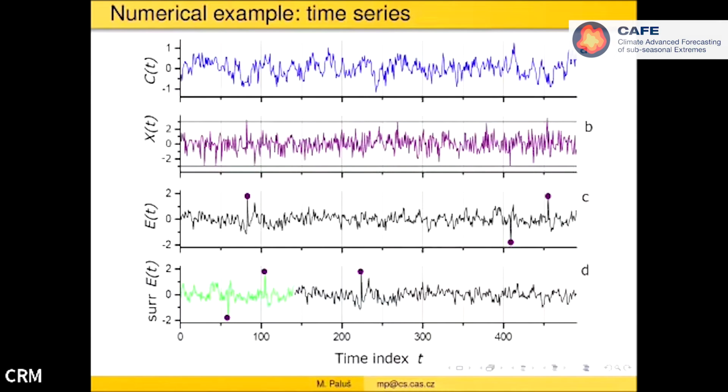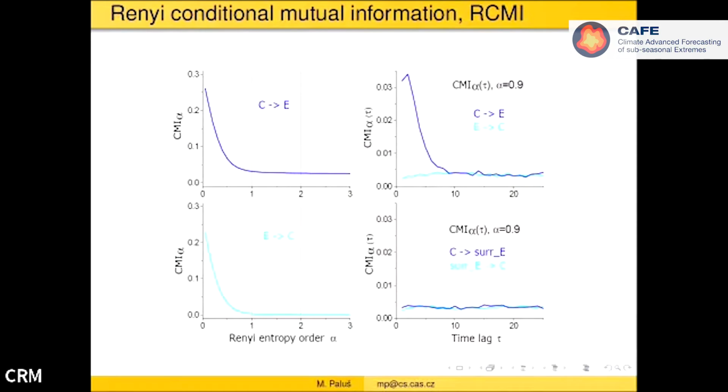Now, basically, this is the variable E, and now the variable E circularly shifted, so that the start is shifted here and the end is put at the beginning. This will be one realization of our surrogate data, and we will use this to evaluate statistical significance.